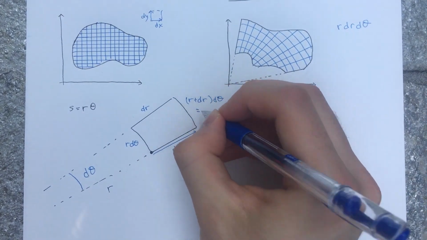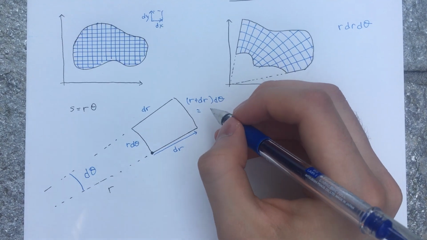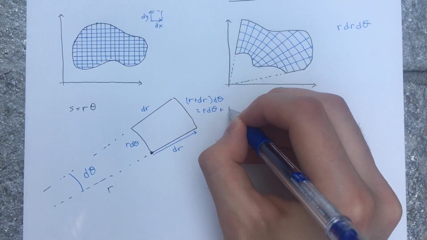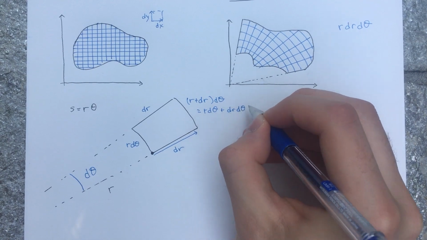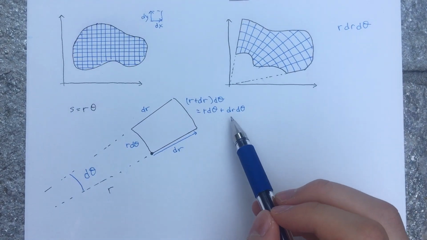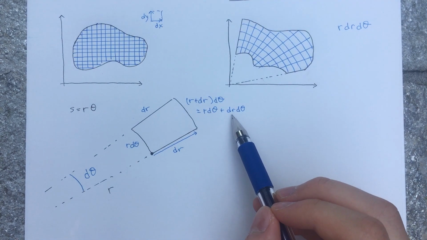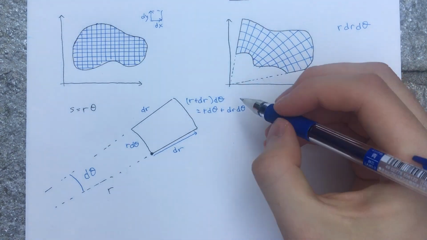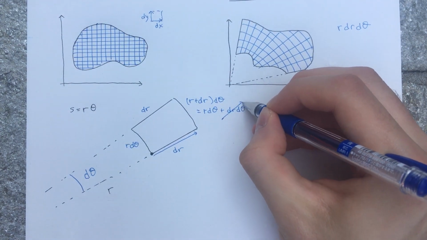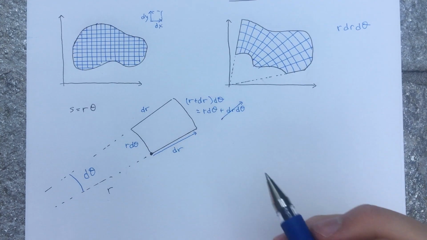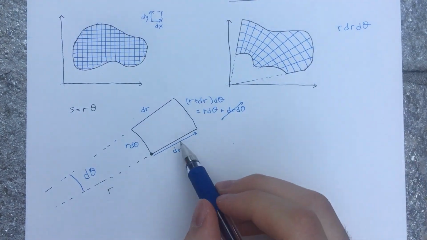And if we just distribute that, this is equal to r d theta plus dr d theta. But in the very, very small limit, this is going to approach 0 very, very quickly. So this might as well be 0. And in the limit, it will be 0. So, what is this area?